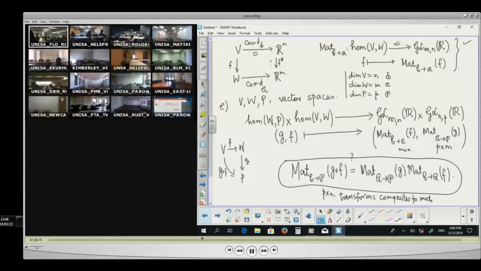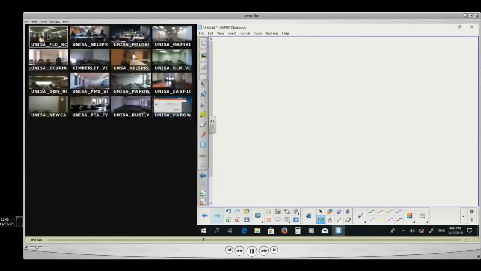What is the matrix of a composite? It is the product of those individual ones. That's what it's telling us. Okay. So, now, let us look into Hom(V, V). Hom(V, V) is a vector space.